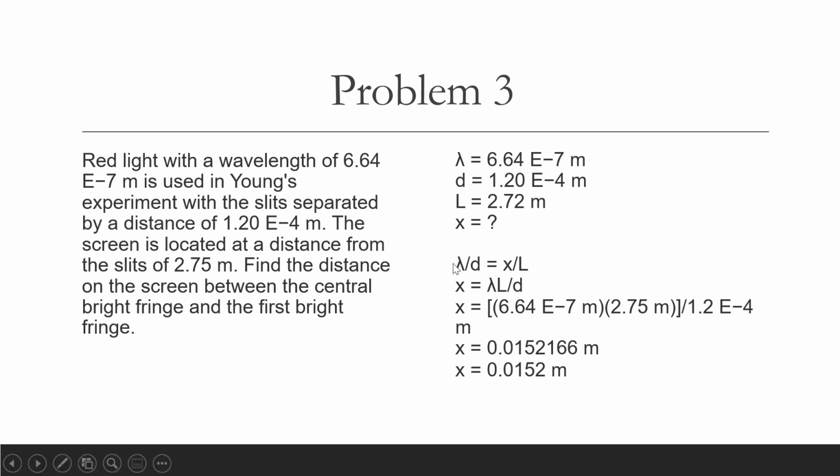So one more time, we just have to rearrange the formula a little bit, which at the end is going to result in this one. We have to replace the data that we gather from the givens and from the problem inside our formula. We are going to operate it, and right after we simplify our result a little bit more, we are going to get that X will equal 0.0152 meters.